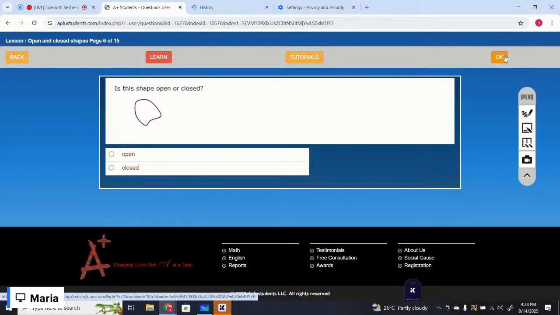Is this shape open or closed? Closed it is. Okay, you can complete the lesson by yourself later today. Let me just move on to the next lesson.